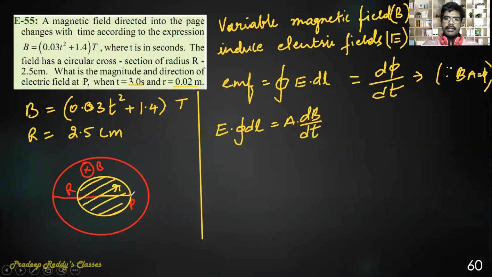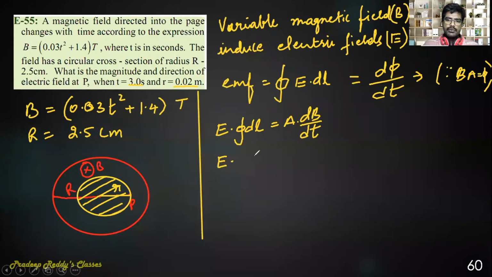In order to calculate the electric field, I am applying the law over here. Integration E dot dl is equal to the EMF induced, which is equal to d phi by dt, where B is given to you. Closed integration dl is equal to the circumference of this total ring.